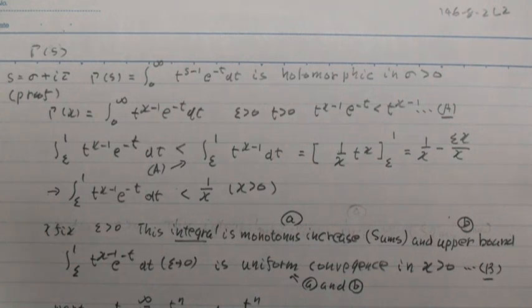And calculating, it equals 1/x minus ε^x/x, and this value is negative, so the integral from ε to 1 of t^(x−1) e^(−t) dt is less than 1/x, where x is positive.